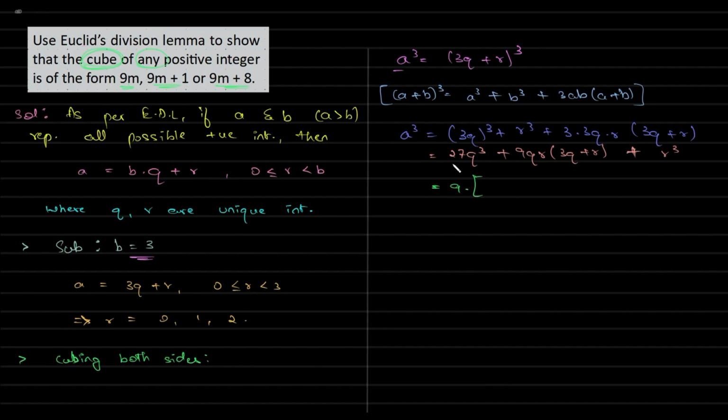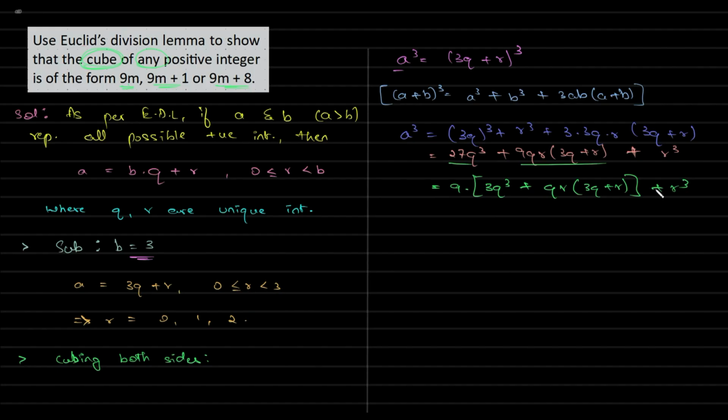So between the first and the second term, I have 9 common, so I'll be left out with 3q cube. Here you have qr, 3q plus r. This is your left out, right? And 9 is common plus r cube.